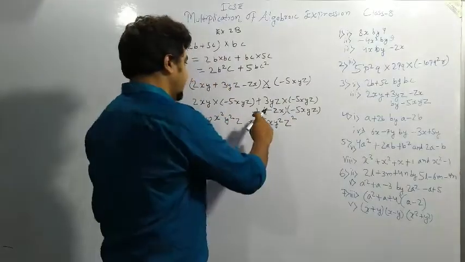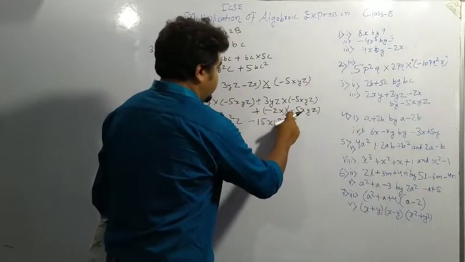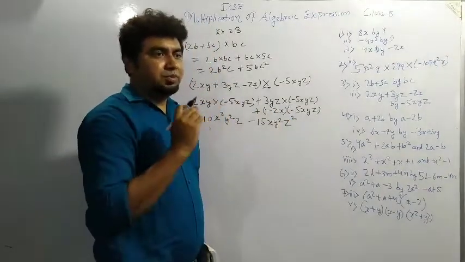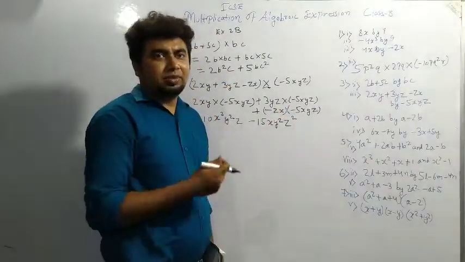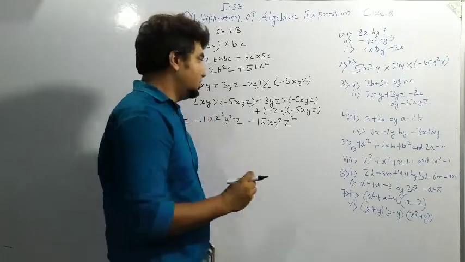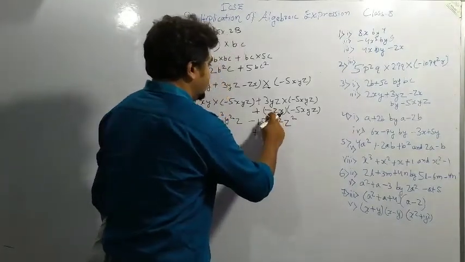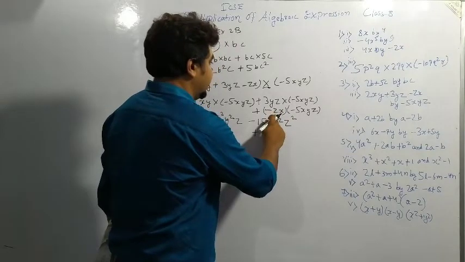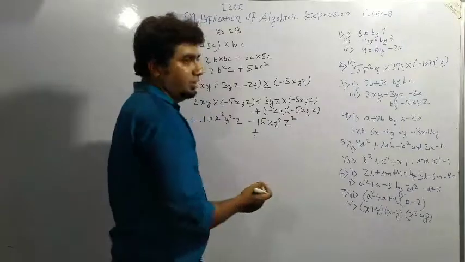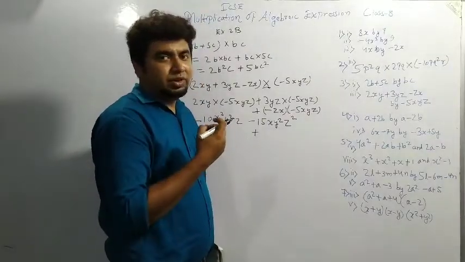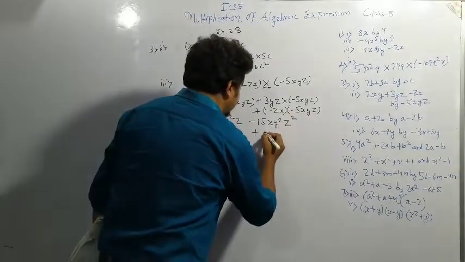Now the third term here is minus. When two minus signs are there, it will become plus, because minus minus is plus, or we can say when there is an even number of minus signs, it becomes plus. So we'll write plus only, and then here it is zx. No other constant is there, so 5 into 1, zx we can say as 1 also. 1 into zx is zx, so 5.